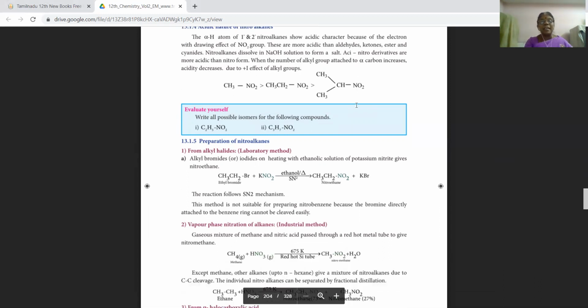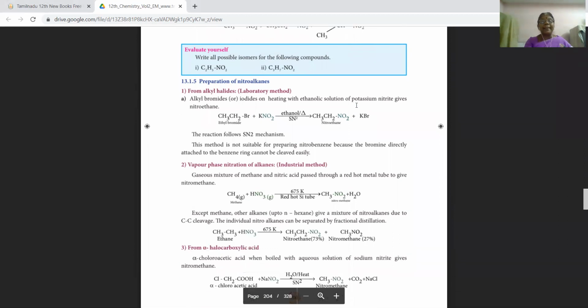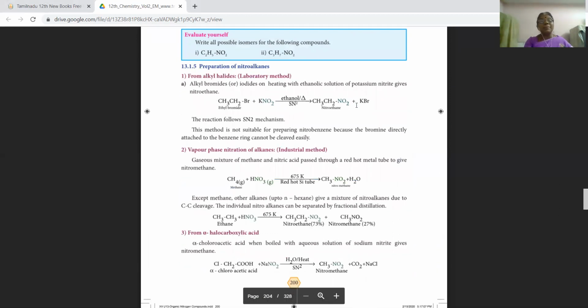Next, we are going to see the preparation of nitroalkanes. The first method is from alkyl halide, the laboratory method. Alkyl bromides or iodides on heating with an ethanolic solution of potassium nitrite give nitroethane. CH3CH2Br, that is ethyl bromide, if treated with KNO2, then the Br and K combine together to give KBr, and the NO2 goes in the place of the bromine.